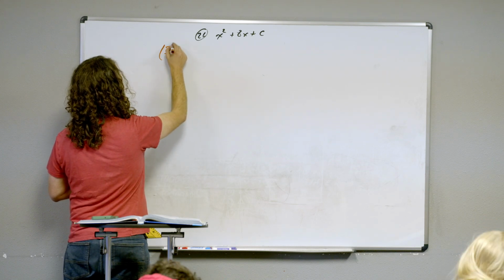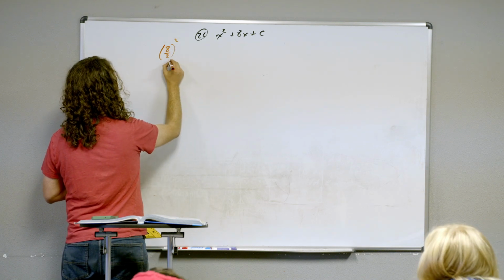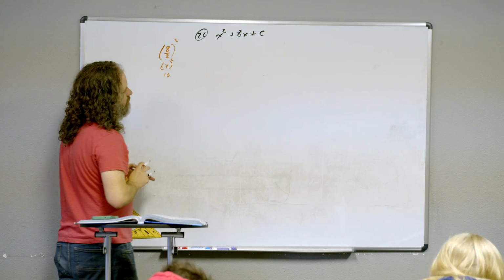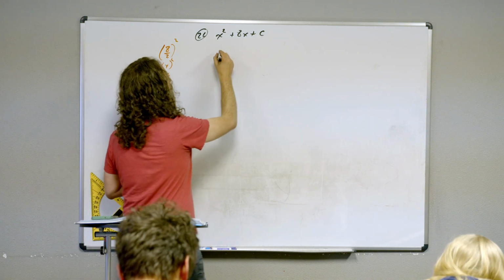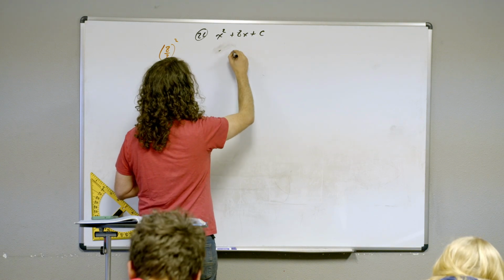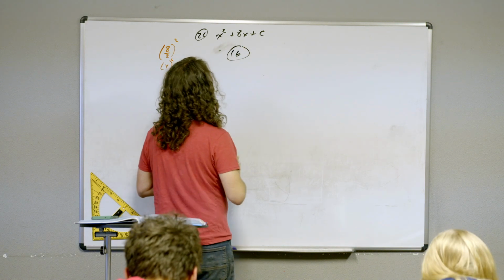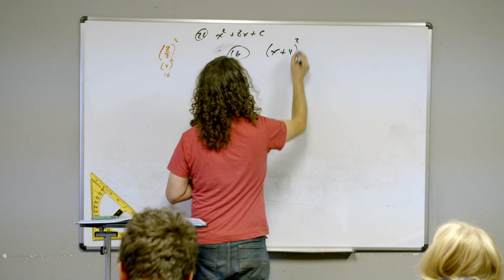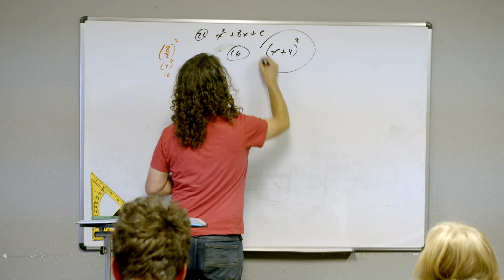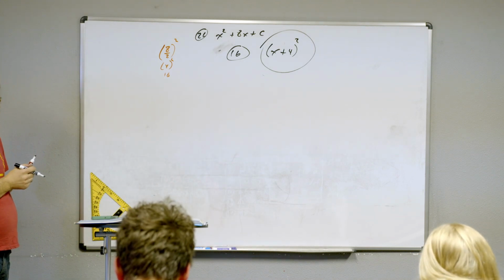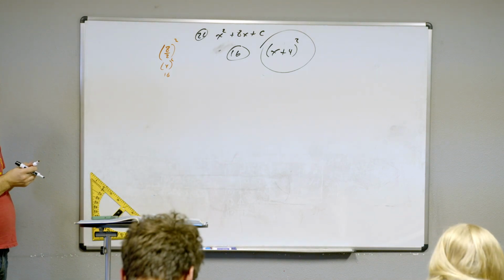8 divided by 2 squared. So 4 squared, which is 16. So plus 16. And then the factored thing would be x plus 4 squared. Magic.